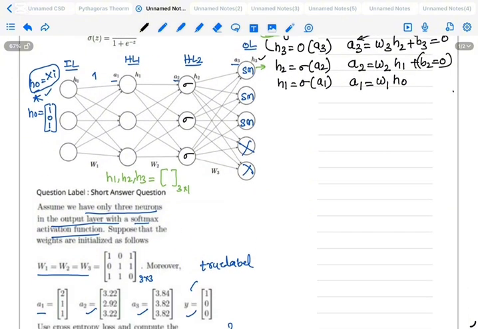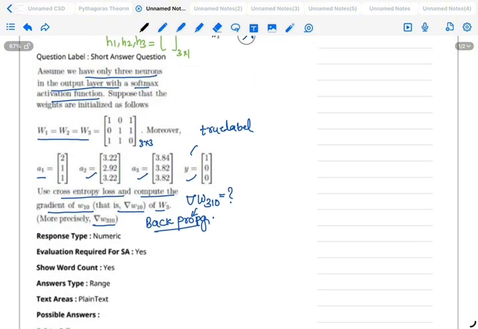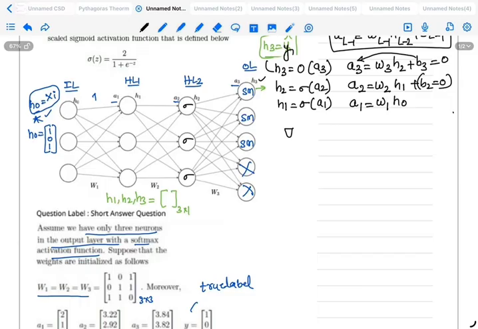So they are asking for delta W3. Delta W3 equals, so back propagation moves in this direction.